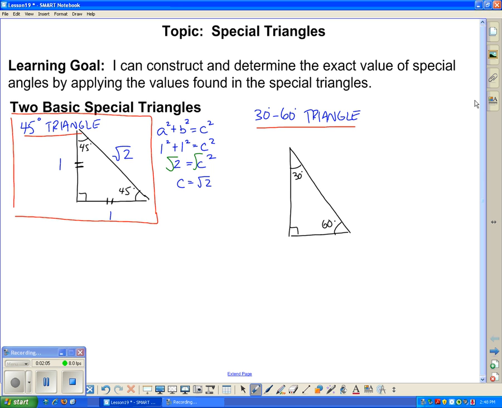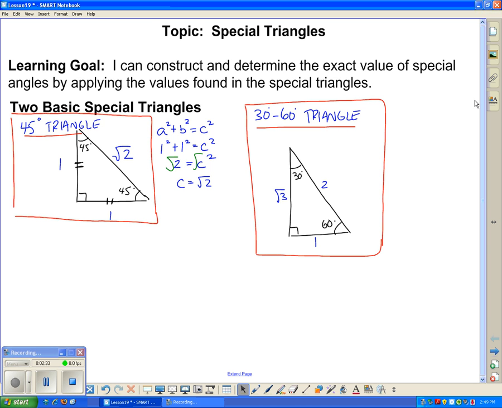And mathematicians have again gone through and picked out the lengths, and I'm not going to go through the proof. You can see on the first one, mathematically it works. But we find that our special triangle, the 30-60 triangle, is 1, 2, root 3. The 2 is on the hypotenuse. And again, do I expect you to memorize that? Absolutely not. That's why you have a cheat sheet.